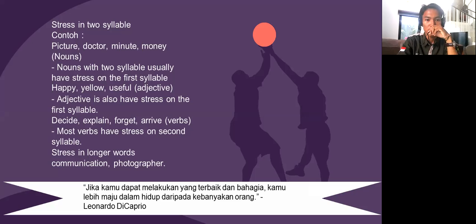And in adjectives, the stress is also on the first syllable. Beside, explain, forget, read. That's for verbs, and most verbs have stress on the second syllable. Stress in longer words like communications, photographer.